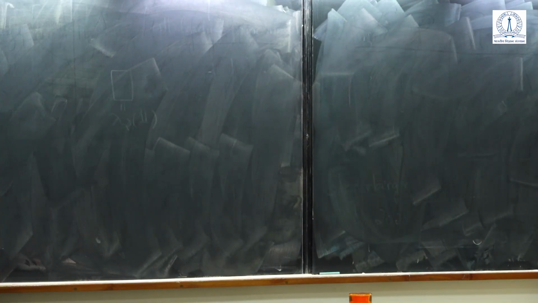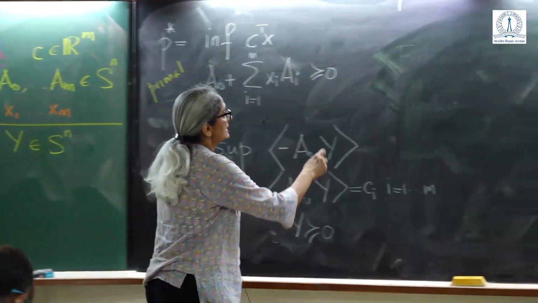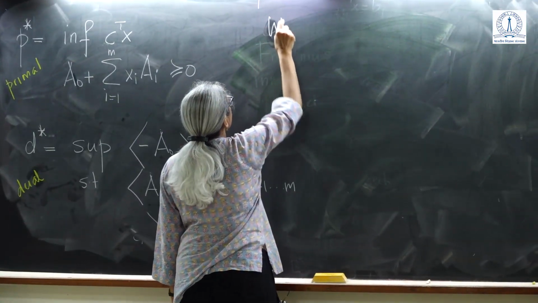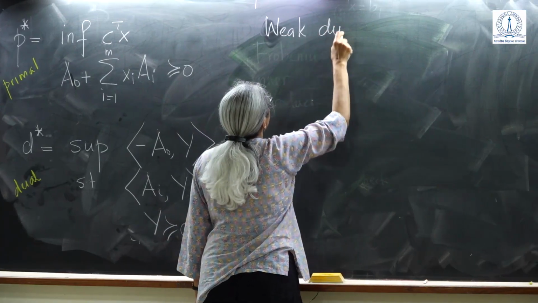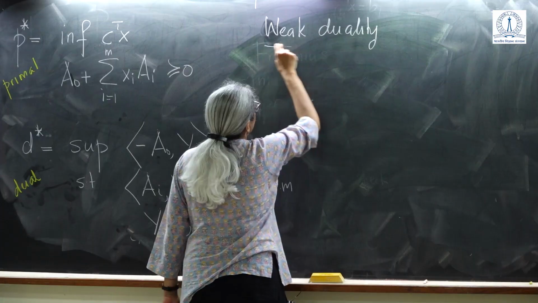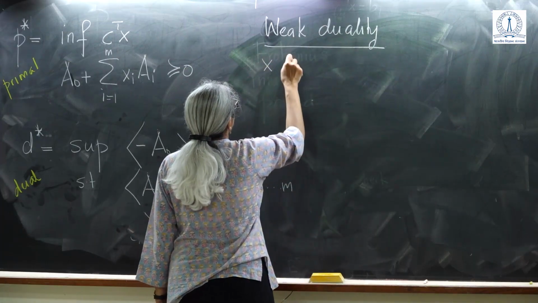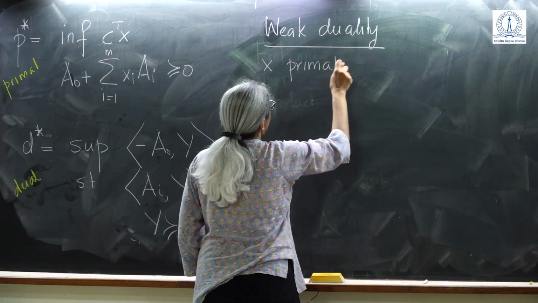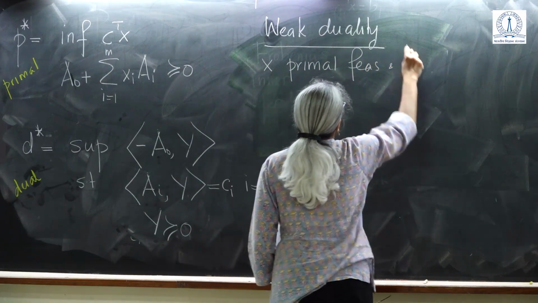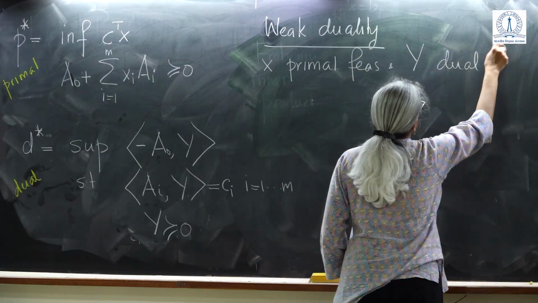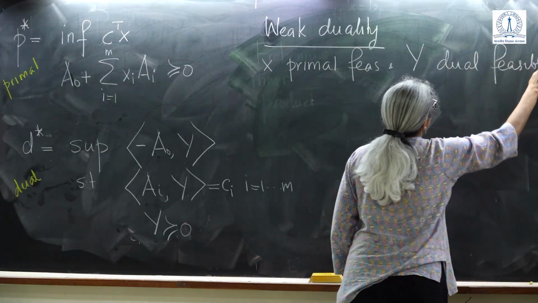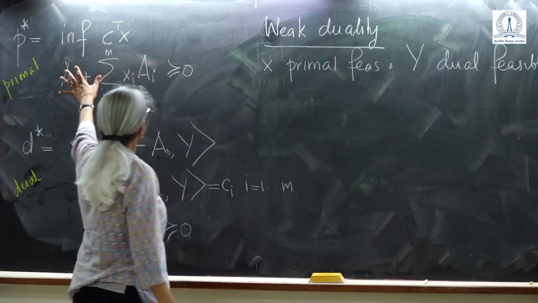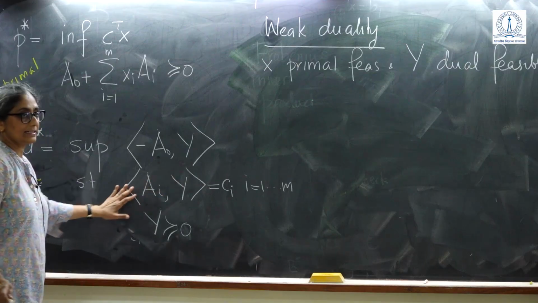Okay, so let me tell you two more facts about these. The primal and the dual, okay? The first thing is something called weak duality. It claims that if X is primal feasible and y is dual feasible, so that means x satisfies these constraints and y satisfies these constraints.